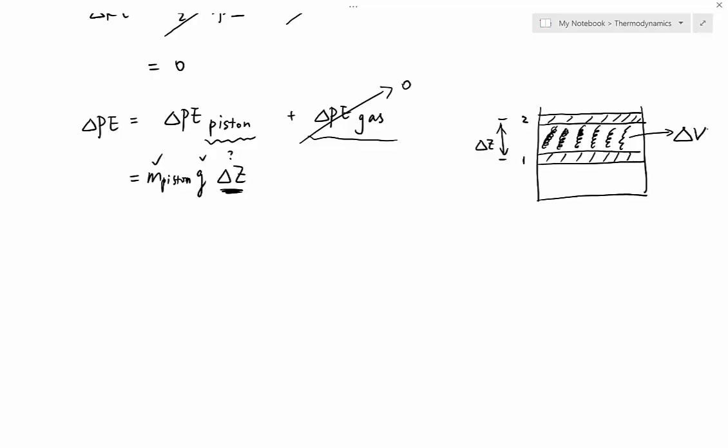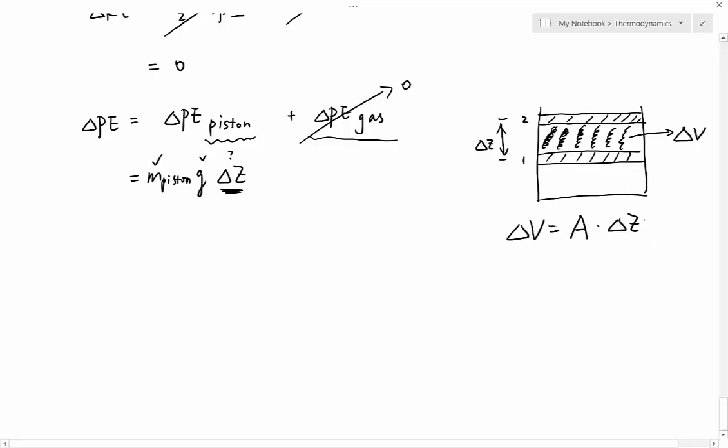It's a cylinder, because the piston is a circle if you look from above, right? How do you calculate the volume of a cylinder? The cross-sectional area, which is A, multiplied by the height, the length of the cylinder. What is the length of the cylinder in my diagram? It's delta Z. Okay, so this is the equation.